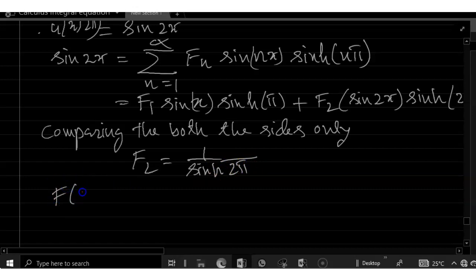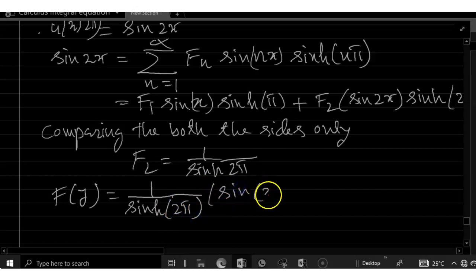So f_y equals to sinh divided by 2 pi, sin 2x into sinh 2y.